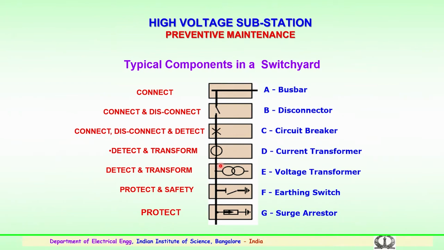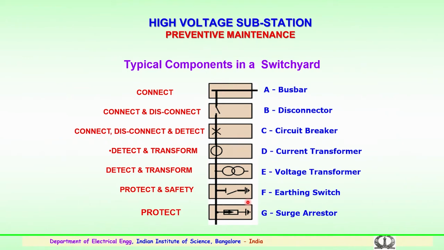Similarly, we have an earthing switch. Again this is used mainly for protection and also for safety aspects. In case of any changing of the equipment in the substation, the earthing switch is kept open and the equipment is attended to. Finally, we discussed in the last class the lightning arrester or the surge arrester.